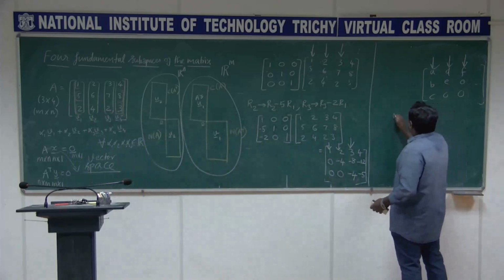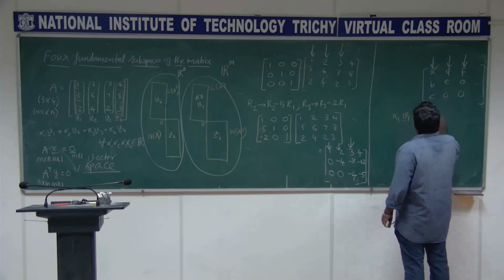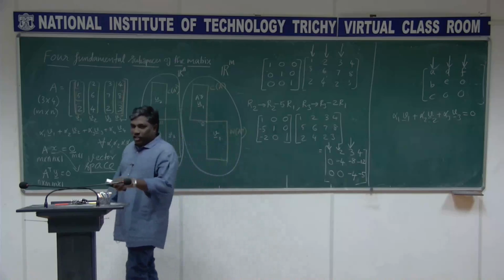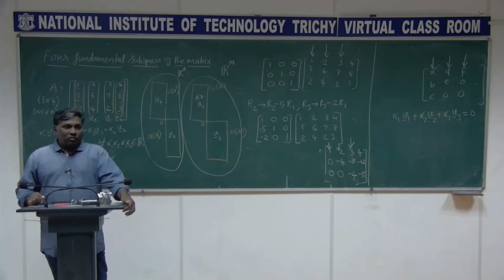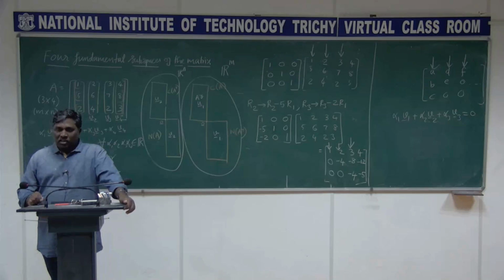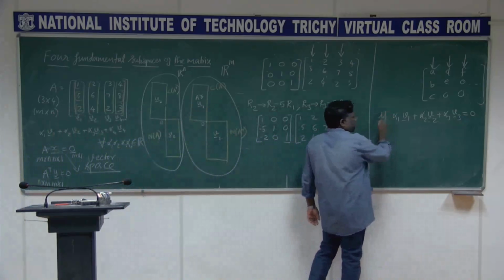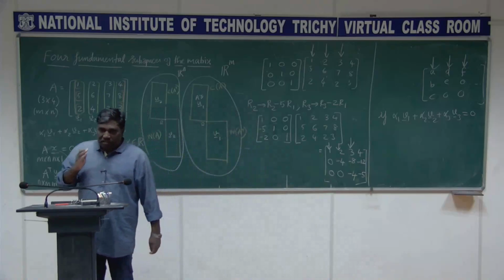If I want to claim the vectors v1, v2, v3 are independent, some arbitrary vectors I am having, if you want to confirm whether these vectors are independent or not, the condition is alpha 1 v1 plus alpha 2 v2 plus alpha 3 v3, if I equate this to 0, the only solution for alpha 1, alpha 2, alpha 3 is 0 itself.